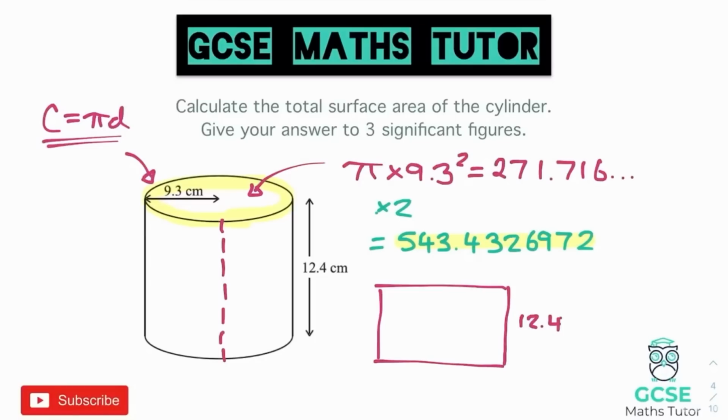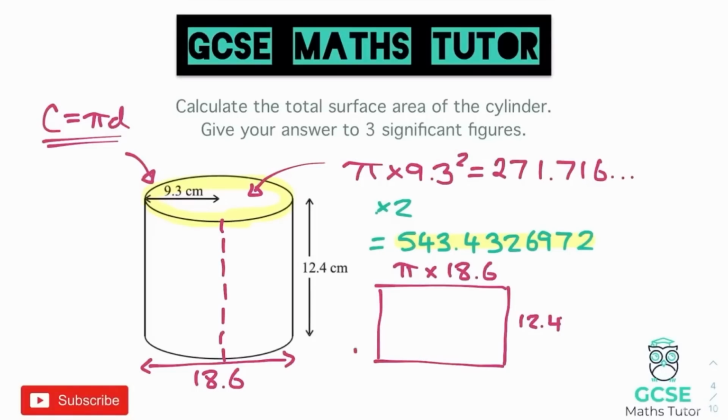Now obviously that means we need to know the diameter of the cylinder here, and we've got 9.3 as the radius, so if we double that we get 18.6 as our diameter. So in order to work out the length along the rectangle, we can do pi multiplied by 18.6. Obviously that has a numerical answer, but I'm just going to leave it as pi times 18.6.